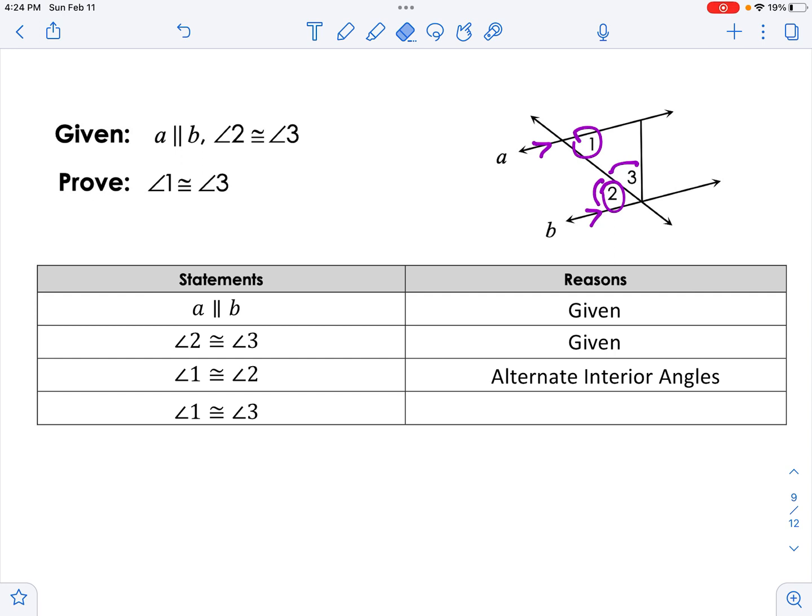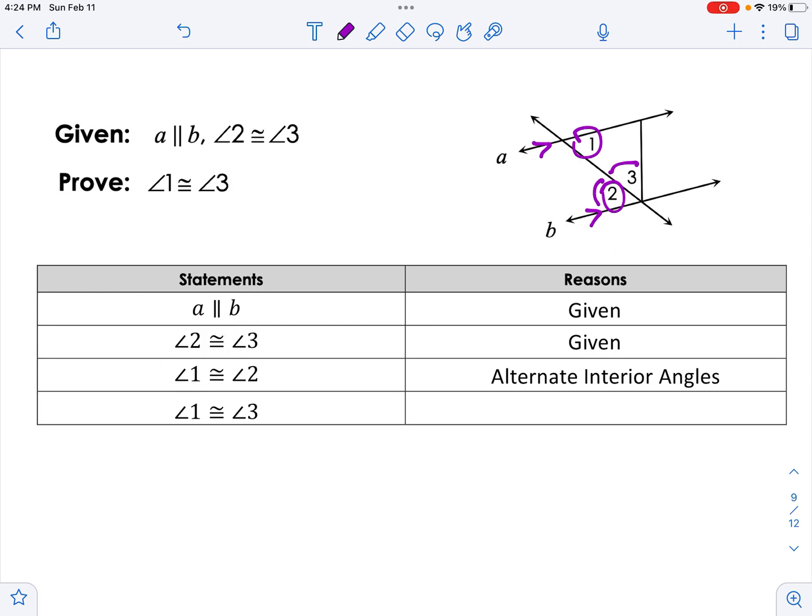Okay, now here's where we're going to use one of those new properties we talked about. We know that both 3 and angle 1 are congruent to the same angle. So this is the transitive property. So that's our first venture into the transitive property.